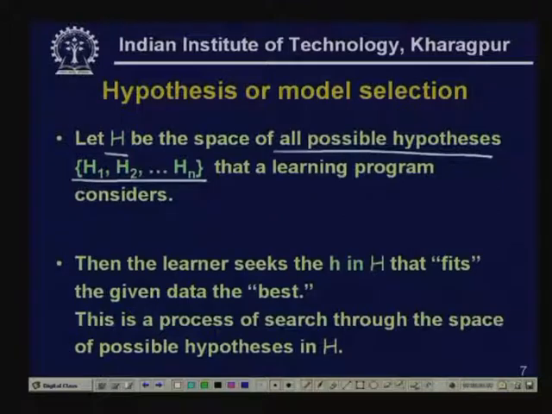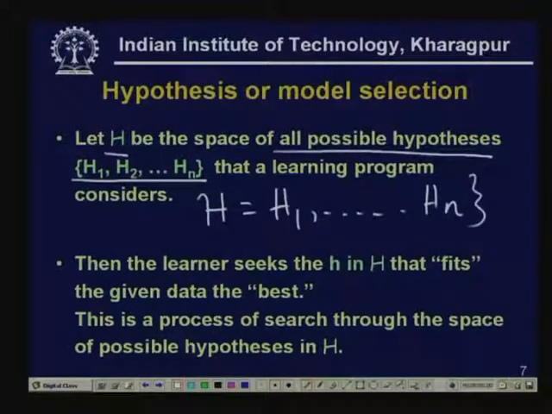Suppose there are n hypotheses h1, h2, ..., hn, and we want to find one of these hypotheses which is possibly close to the target concept f that we are going to learn.